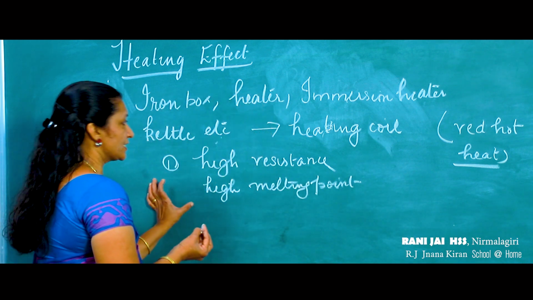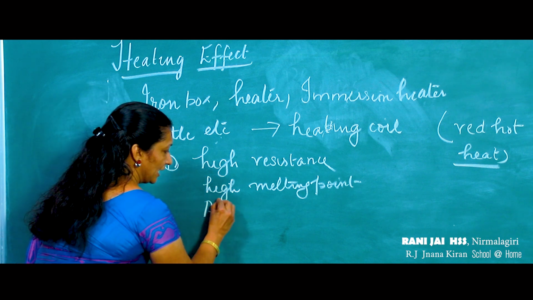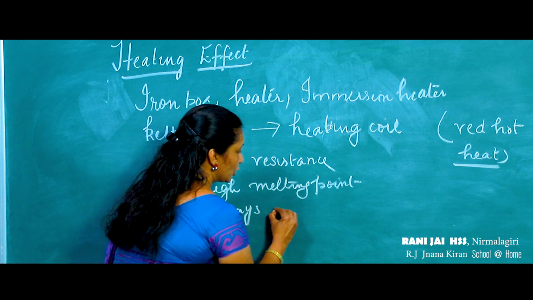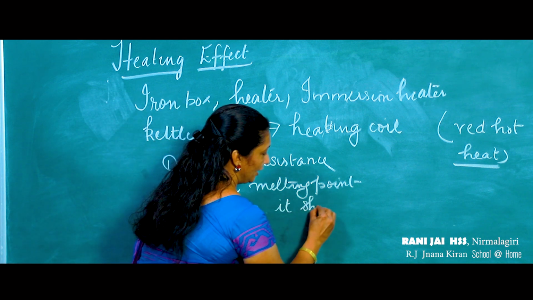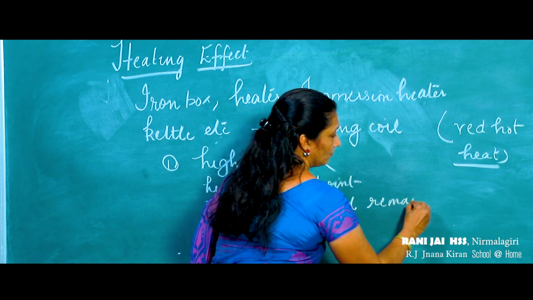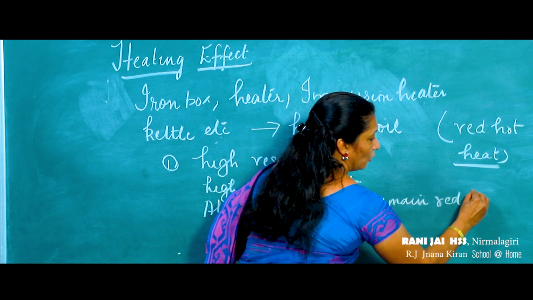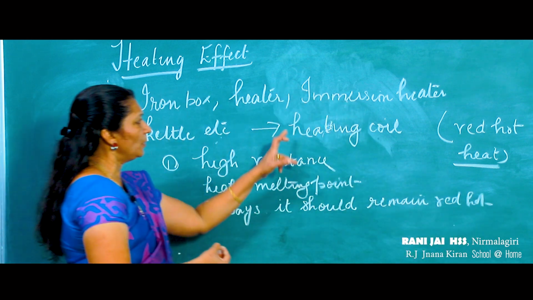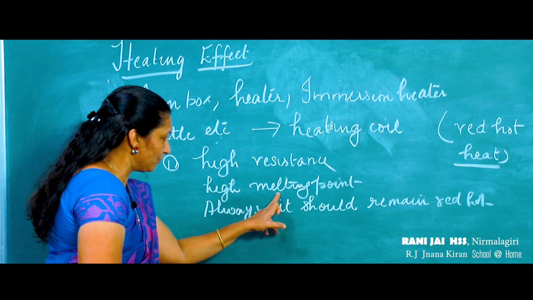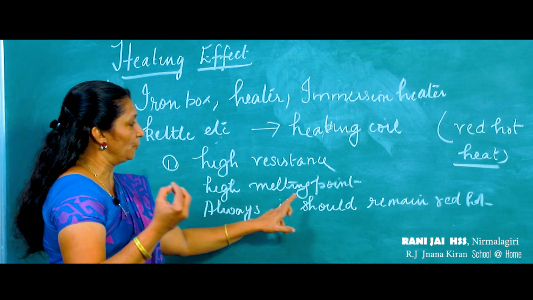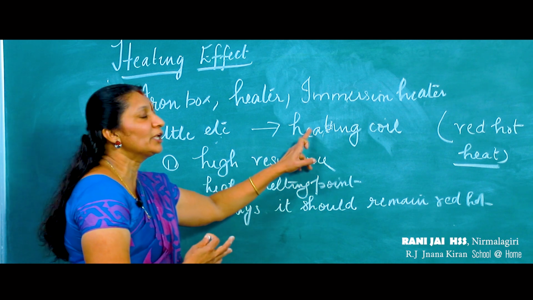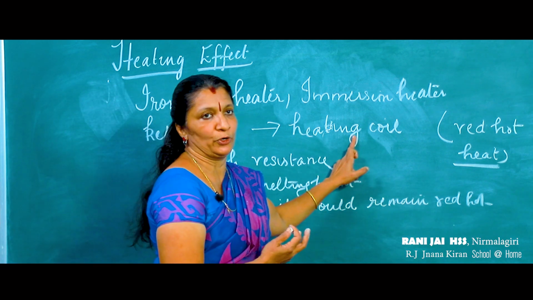Always, when you pass current, it should remain red hot. So these are the peculiarities of a heating coil: high resistance, high melting point, and it should always remain red hot for some time. Only then will heat be produced.